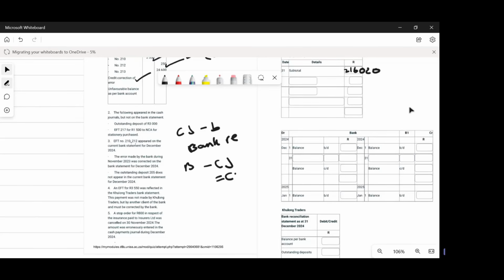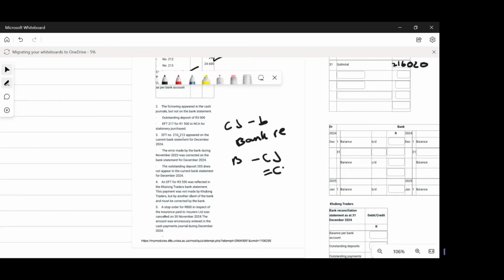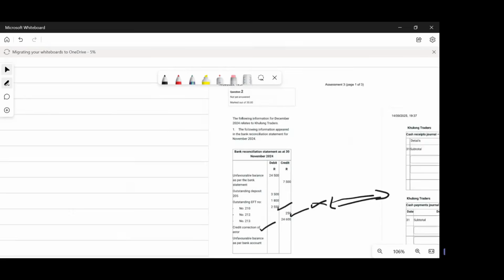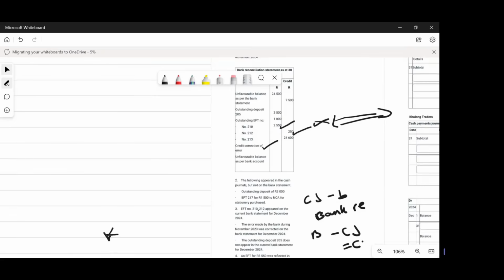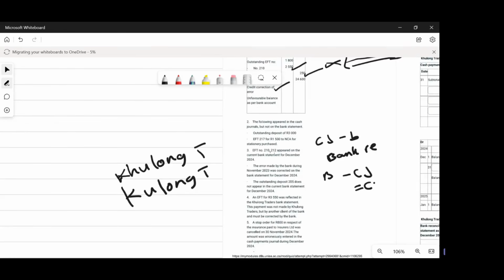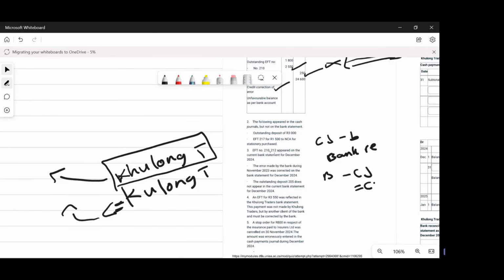So what may also happen in the business world is, for example, our business was, let me just check, Kulong Traders with an H. There may be a business which also has a similar name but does not have an H. So the bank may sometimes make mistakes, whereby maybe this business paid a certain supplier or a certain credit on their side, and then the bank mistakenly takes that money from our business bank, which is an error due to maybe us having similar names.